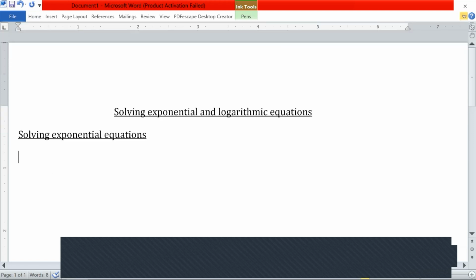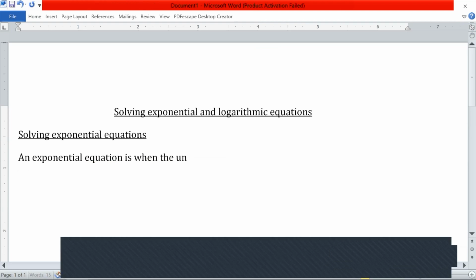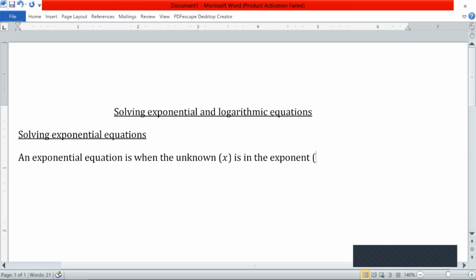So under solving exponential equations, you write what an exponential equation is. An exponential equation is when the unknown, that is usually x, is in the exponent, or it's in the power, if that word is more familiar to you.